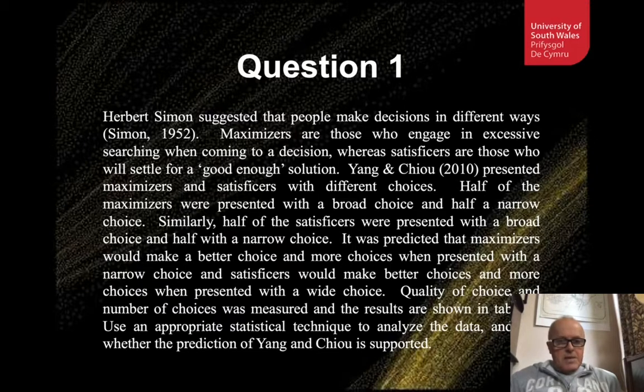They predicted that maximizers would make better choices and more choices when presented with a narrow choice set, and satisficers would make better choices and more choices when presented with a wide choice set. They recorded quality of choice and the number of choices, and the results are shown in your table 1. You need to use an appropriate statistical technique to analyze the data and say whether the prediction of Yang and Chu is supported.